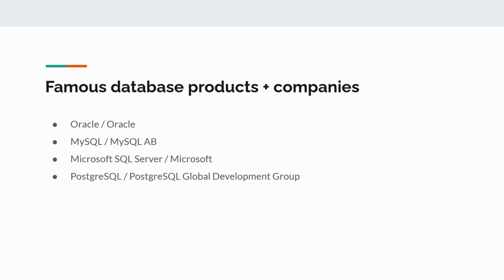PostgreSQL is also open source. You can also help develop it, but it's basically developed by the PostgreSQL Global Development Group, and I think they both have support. So MySQL AB and the PostgreSQL Development Group are offering support for their databases.